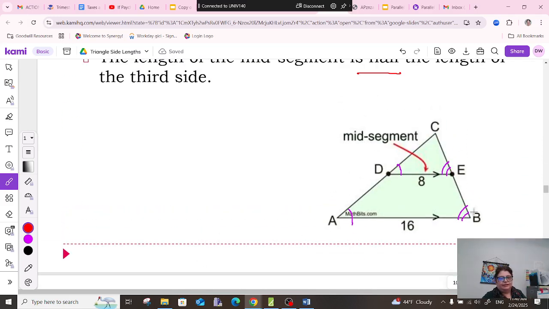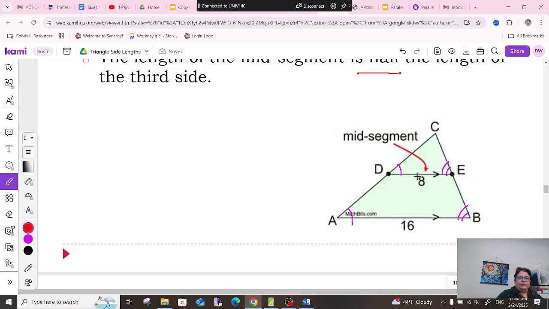So, see here how this is 8 and this is 16. This is a midsegment because it said so right there. So that would mean that D is the midpoint of AC. E is the midpoint of CB, right?